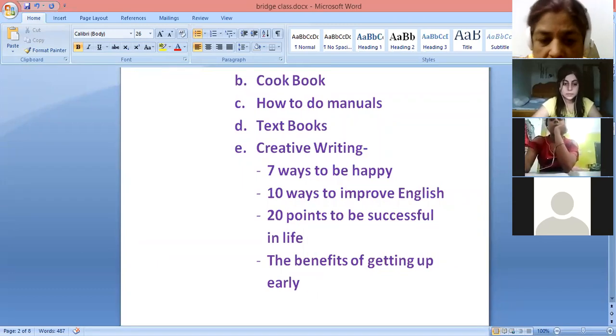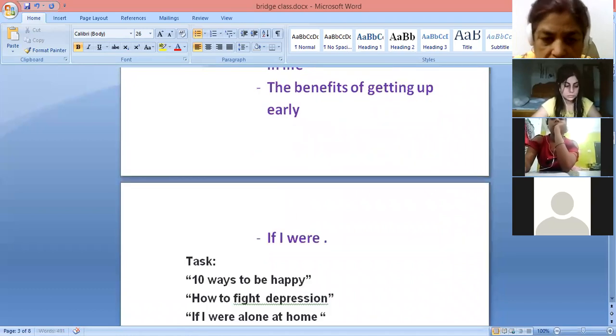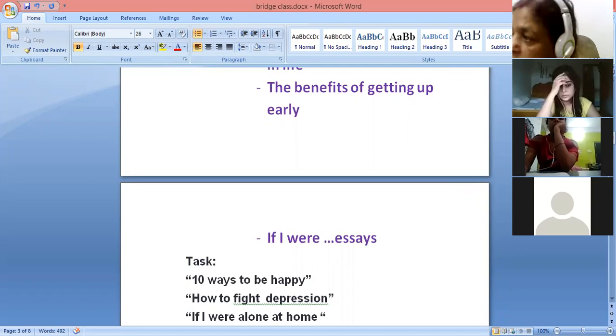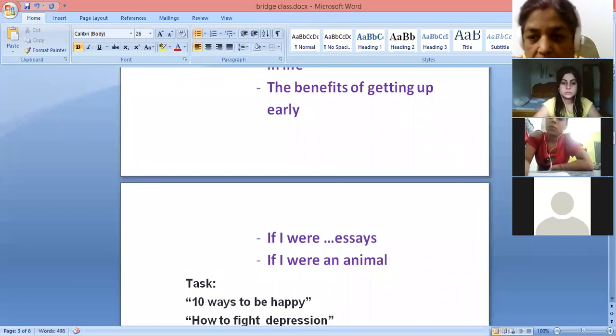And then there is another style of writing which is also under expository, which is the "If I were" essays. So what are these "If I were" essays? If I were an animal, which animal would I choose to be?